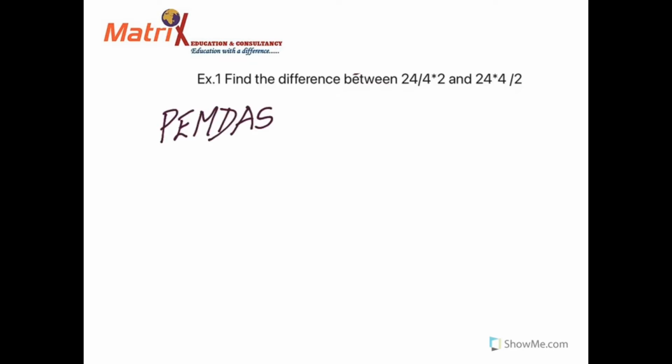As per the laws of PEMDAS, multiplication comes first and division comes later, but they are of the same rank and order as addition and subtraction are. Whatever the operation between multiplication and division, start from left towards right. So let's see how we simplify.